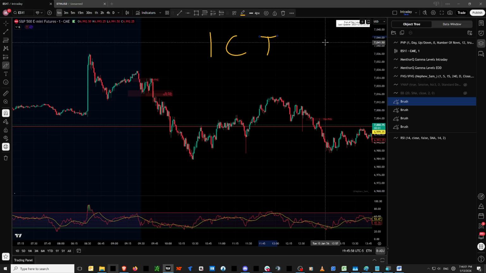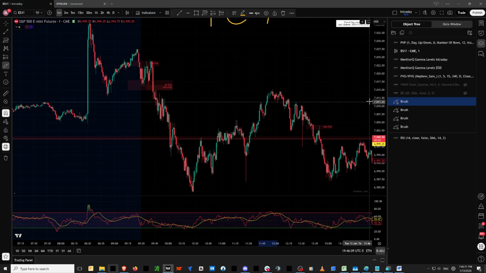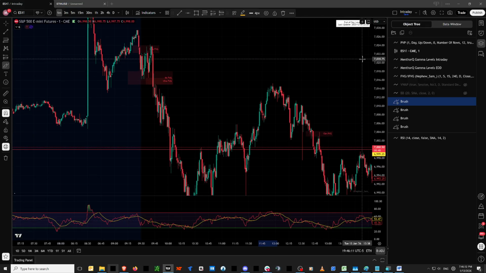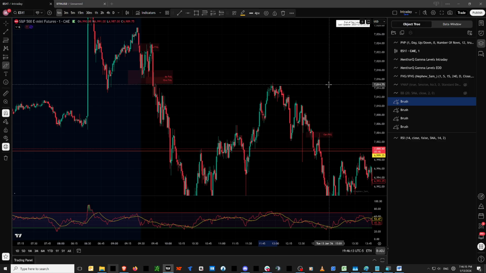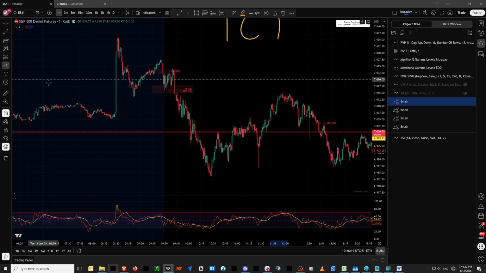And then they started realizing this strategy that people were using was making money against them. So they changed the way they did stuff so that people that lived and breathed by the ICT started getting their butts handed to them. Okay. The ICT strategy works like this.